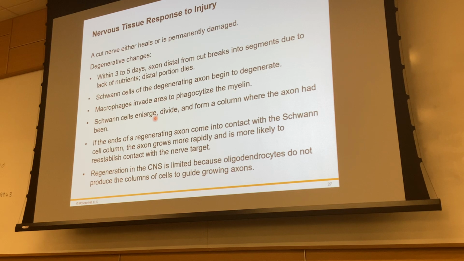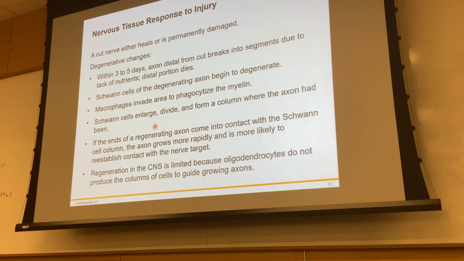The Schwann cells enlarge, divide, and form a column so that it basically paves a new road for the axon to repair itself. When the axons then reattach, you can have communication between the distal segment of the axon, the part distal to where the damage was, and the regenerating area.